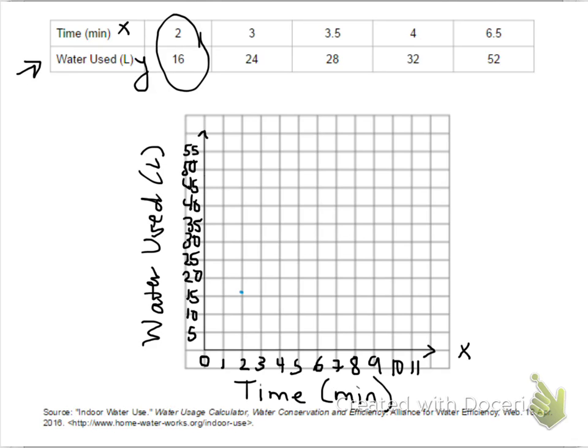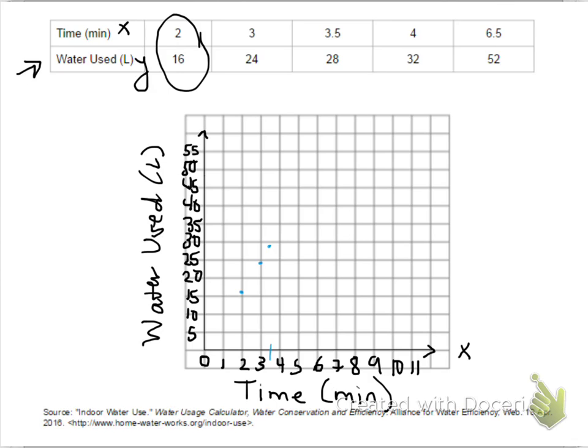Okay, our next point is 3 and 24. So 3 is here, and 24 would be just under our 25, so our point's about right there. Then our next one is 3 and 5/10, so 3 1/2, which would be right here, and 28. So that would be about right here on my graph.